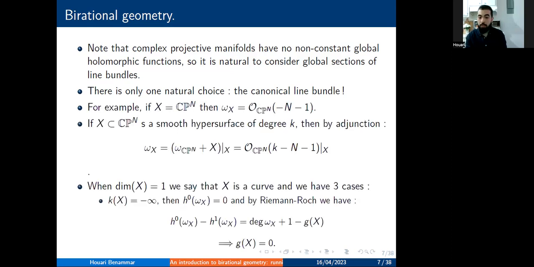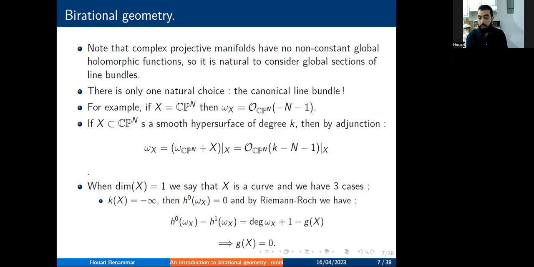Okay, for example, if you take X equal to CP^n, the projective space, we know that the canonical line bundle is O(-n-1), where n is the dimension of X. By O(1), I mean the tautological line bundle. So we take the dual, and after that we twist with itself n+1 times.